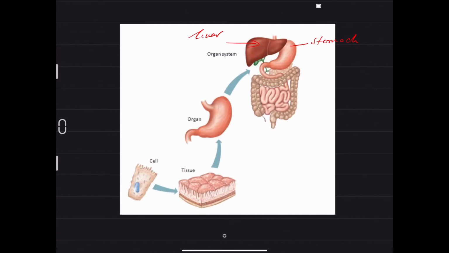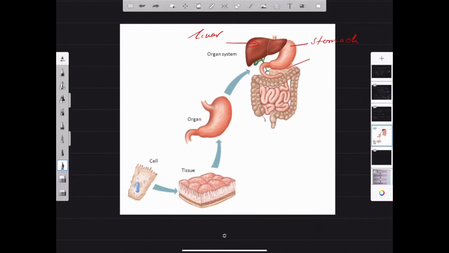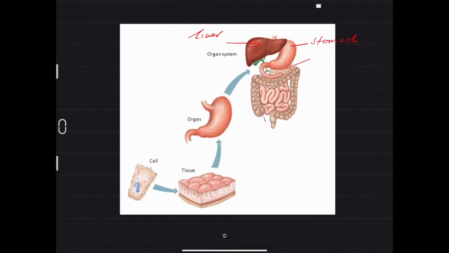Here, just behind the stomach, it's easy to miss sometimes, we have the pancreas.